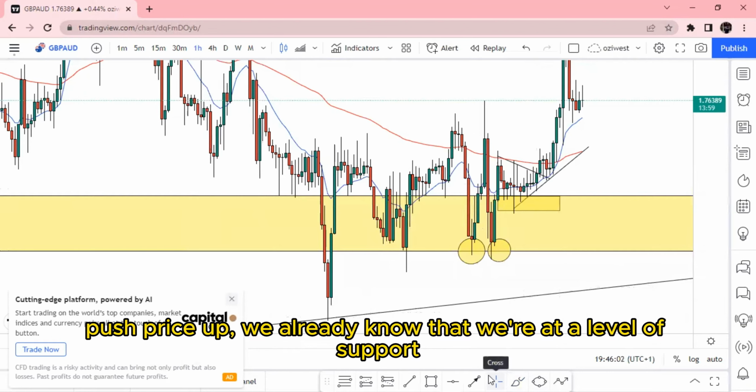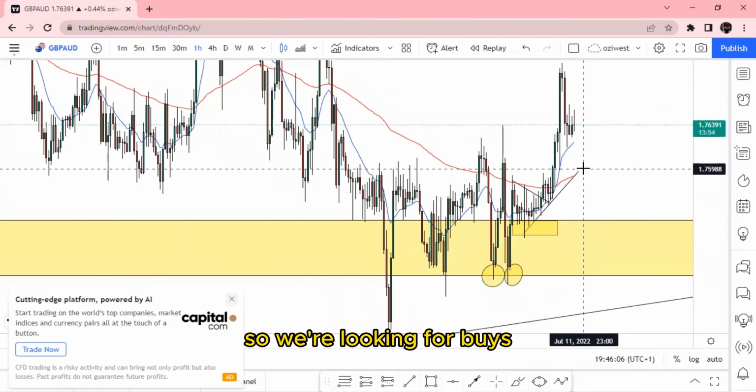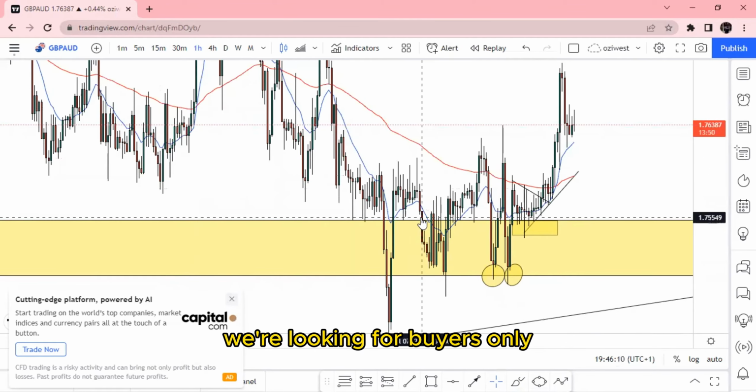We already know that we are at a level of support, so we are looking for buys. We're looking for buys only. But I think our entry was at, let me check.